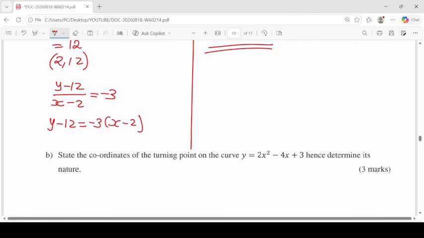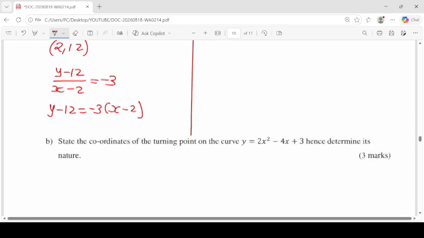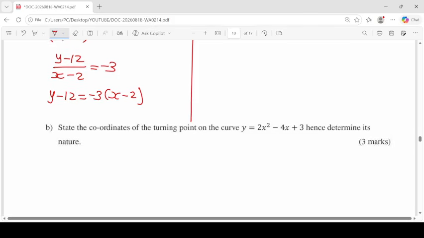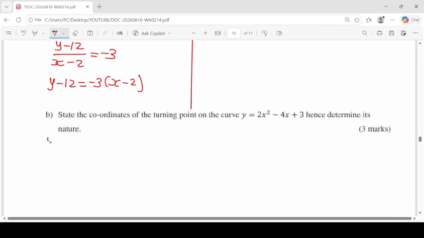State the coordinates of the turning point of the curve y is equal to 2x squared minus 4x plus 3. Hence determine its nature. So what we are going to do here, when I have the equation y is equal to 2x squared minus 4x plus 3, I want to get my dy dx. My dy dx will be 4x minus 4.